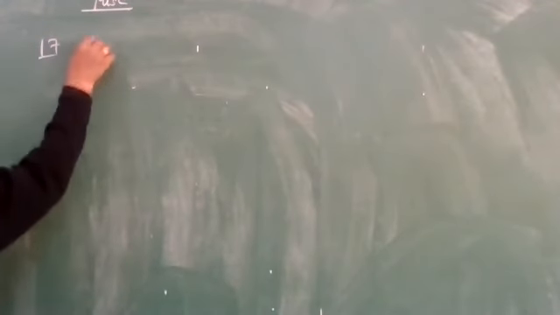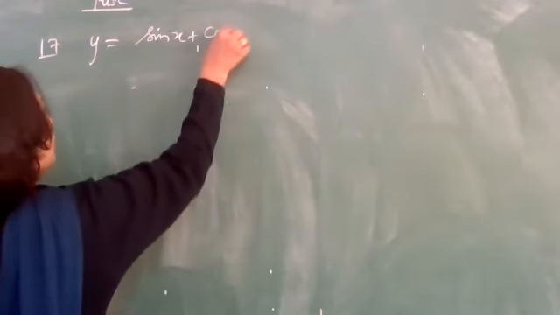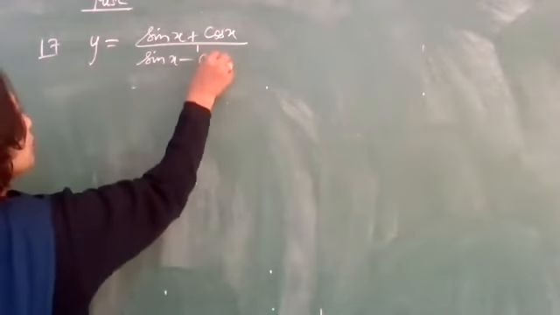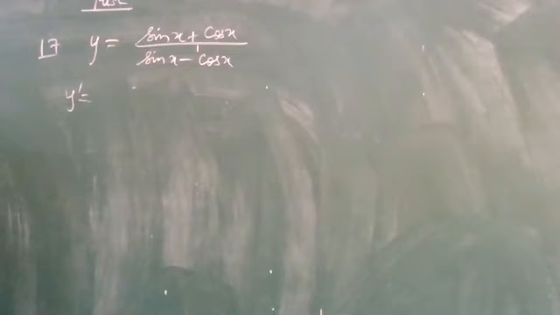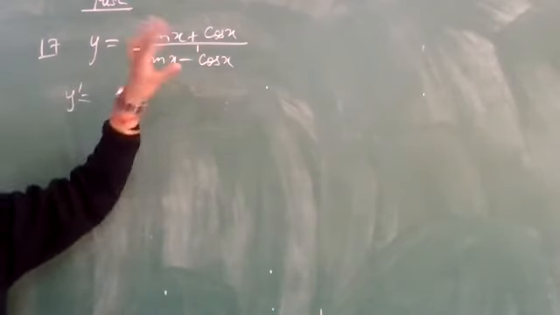Chalo, let's take question number 17. y equal to (sin x plus cos x) upon (sin x minus cos x). We have to find out y dash. If we look at this function, we can see that it is in the form of u upon v, where u and v are functions of x.